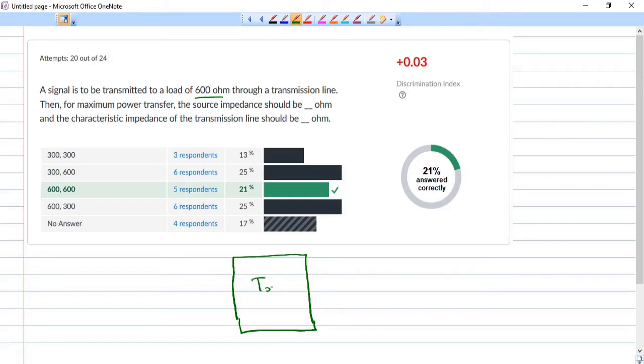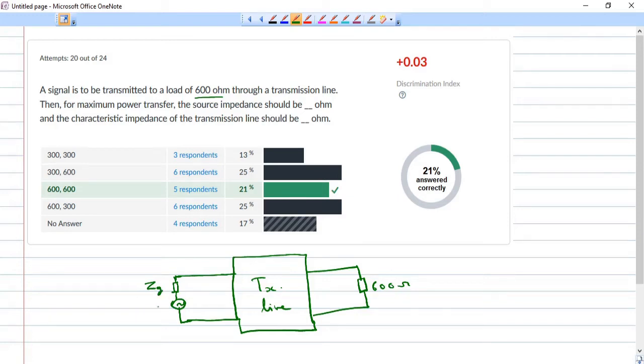This is our transmission line to which a load of 600 ohm is attached, and on the input side we have a voltage source having an internal resistance, say ZG.